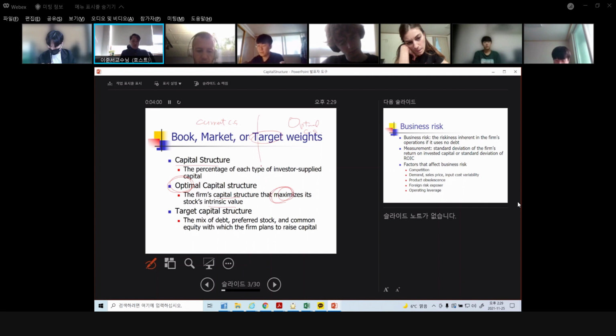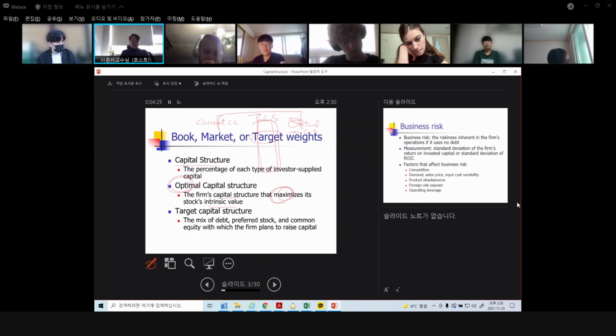And target capital structure is in the midst between the current capital structure and the optimal capital structure. As I told you, target capital structure is the portion of each component used to raise new funds to get the optimal capital structure from the current capital structure, right?